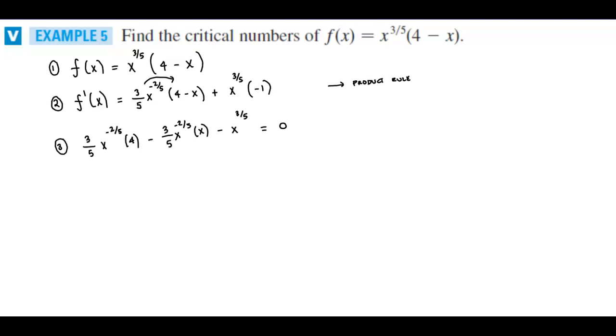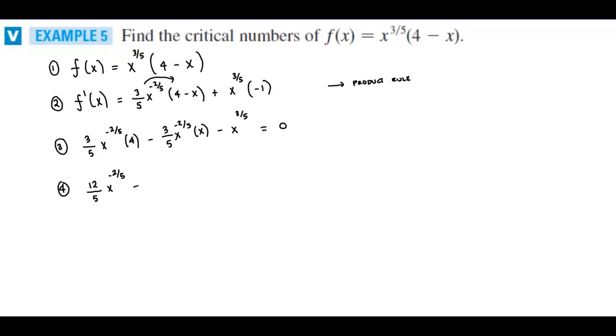Okay, so now let's go ahead and simplify as much as we possibly can right now. All right, so we know that we have 3/5, or in this case here, if we multiply 4 times 3, we have 12/5 x to the negative 2/5.